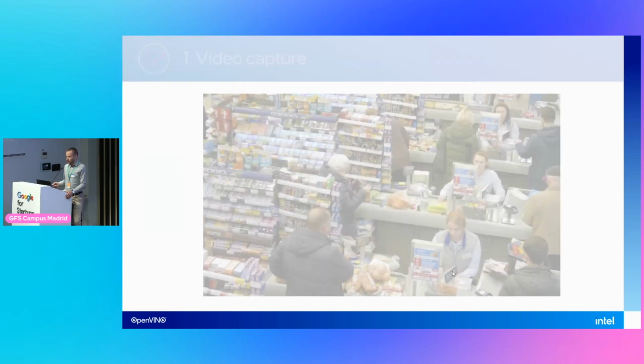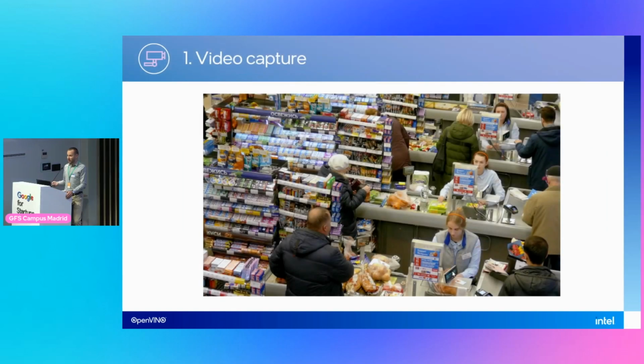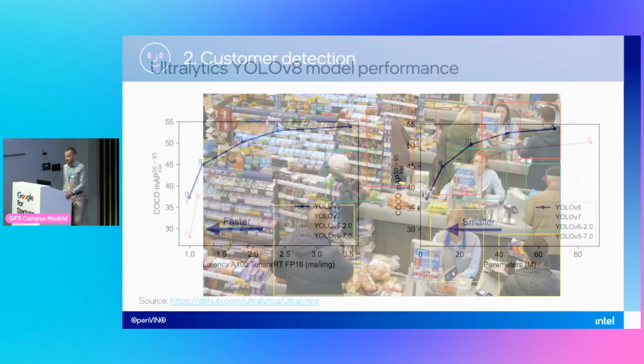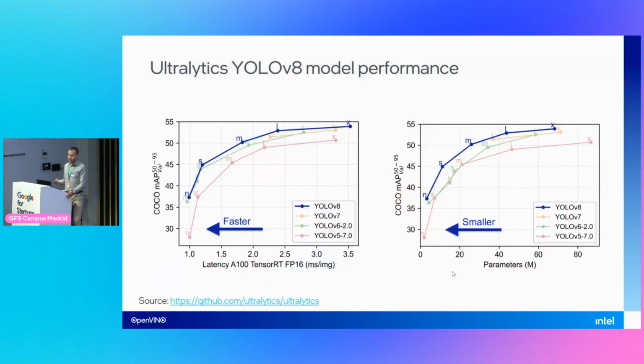So if we look at the first step, video capture is a standard video stream. It can be a video file, but in most cases, of course, it's good to have a live video stream from some camera. Then we detect customers, and for that, we are going to use Ultralytics YOLOv8. Why that? Because it's a state-of-the-art model, which achieves great accuracy and has great performance.